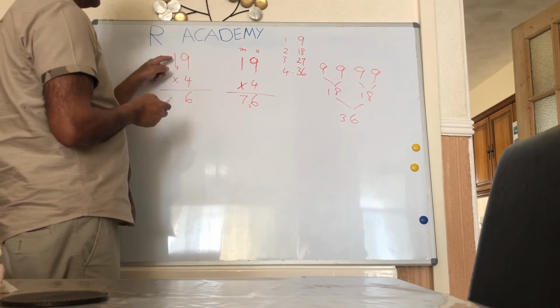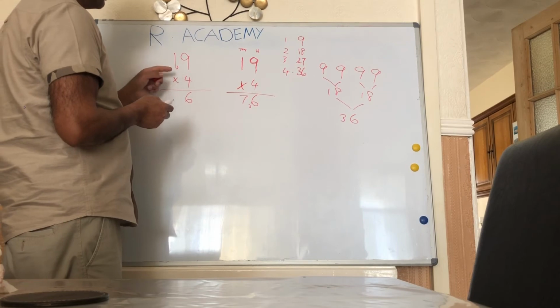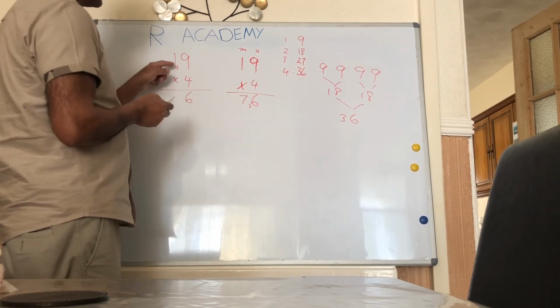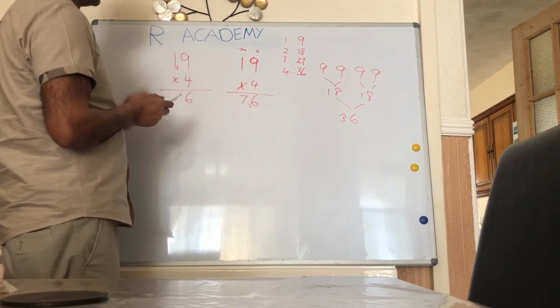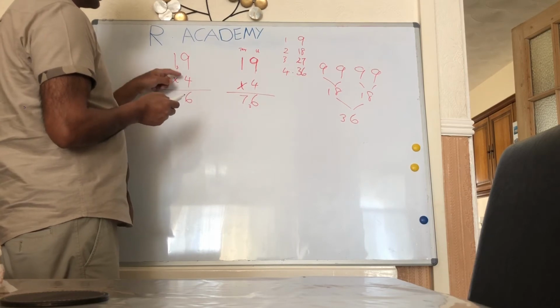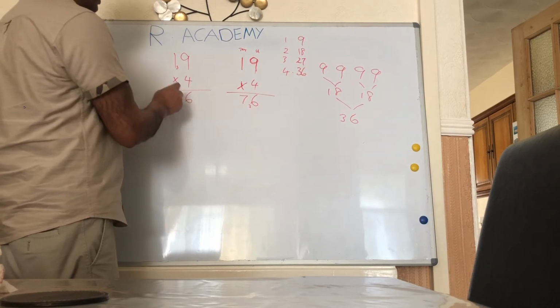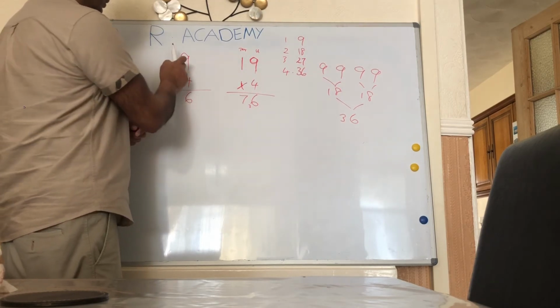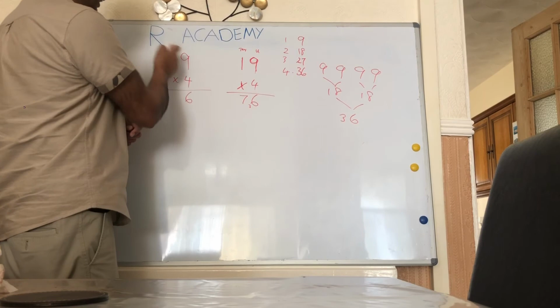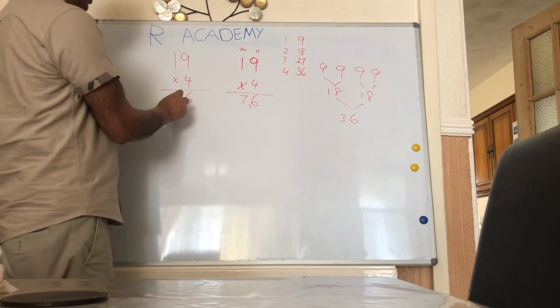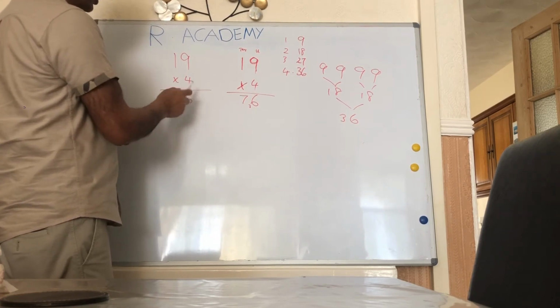So you might as well do it my way, because this is confusing. You might do 4 times 13, or you might do 4 times 4, because it's not making sense. But this way it makes more sense. So I would never put the carryover figure 3 there. I would put it down here. And then you know you've got to add it.